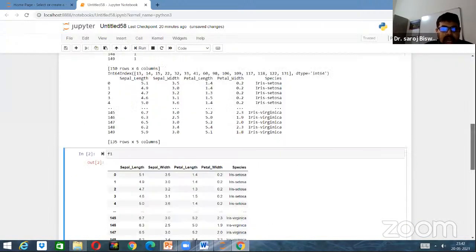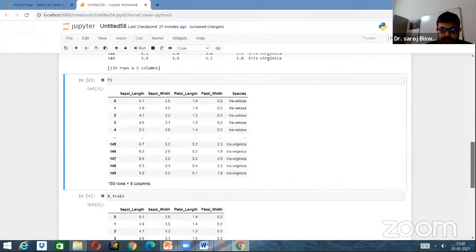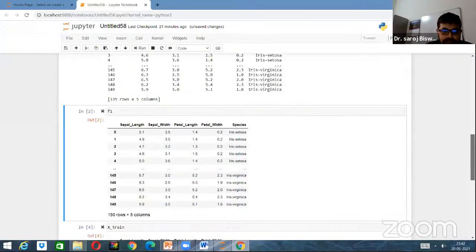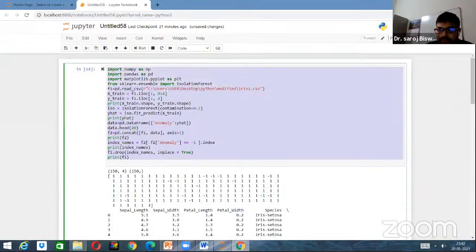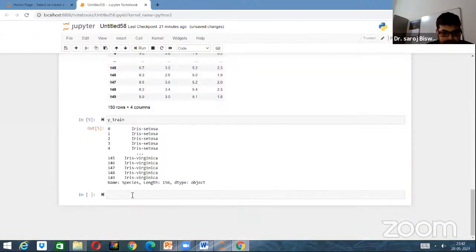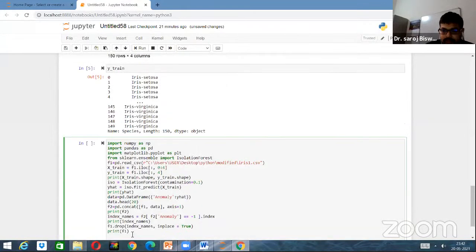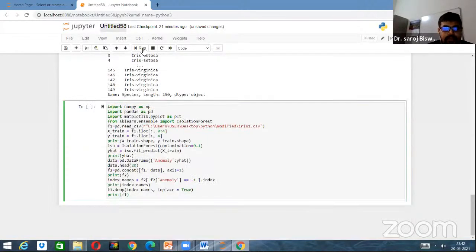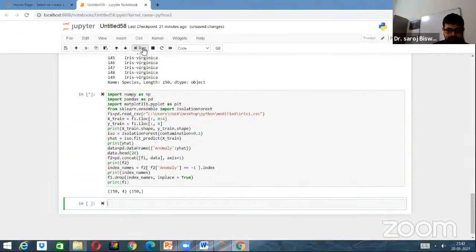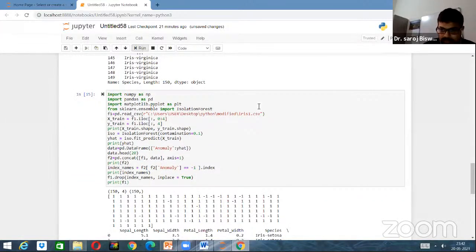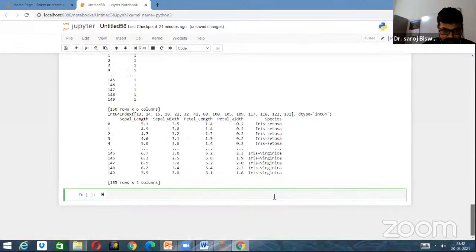Now, if outliers are removed, here we have done the code. The final code is running here so that you won't have any confusion. And all the things are now reflected in F1, 135.